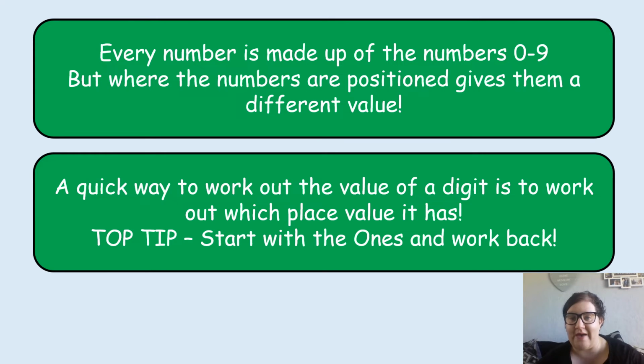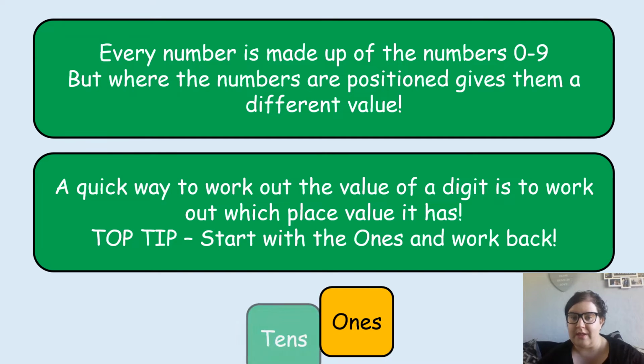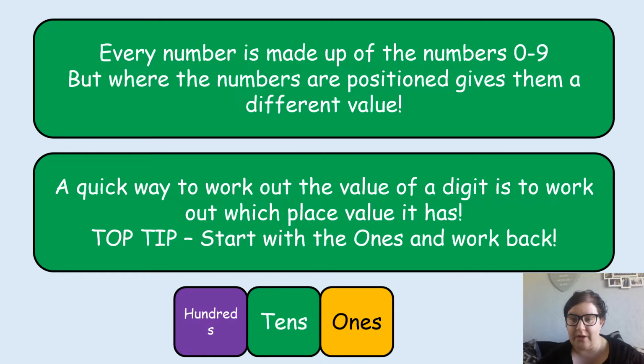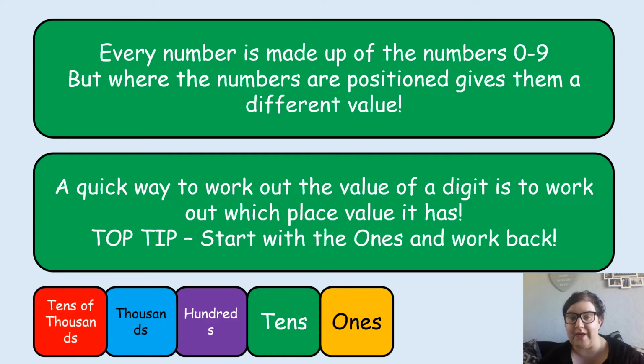Never ever start with the hundreds or the tens. Always start with the ones. Then decide which number is the tens. Then work out the hundreds. And then if you've got thousands, work out the thousands or the tens of thousands. But remember, always start with the ones.